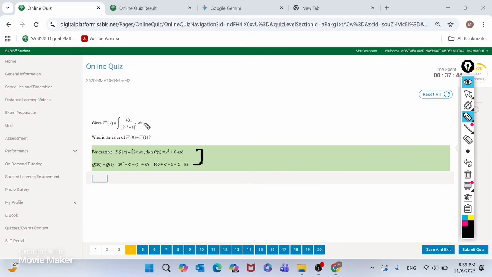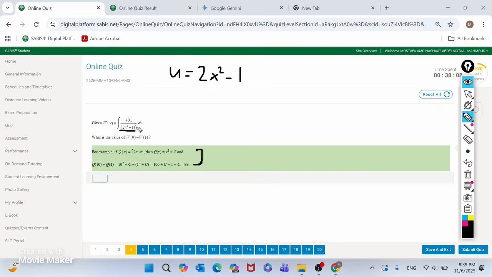Okay guys, you're going to integrate it using the chain rule for integrals. So for the chain rule, you usually pick the biggest term and you put it equal to u, so u equals 2x squared minus 1.